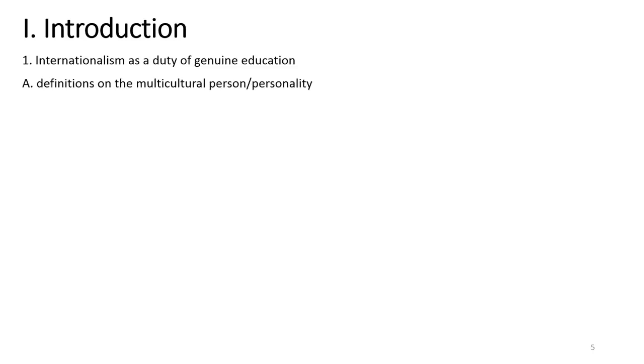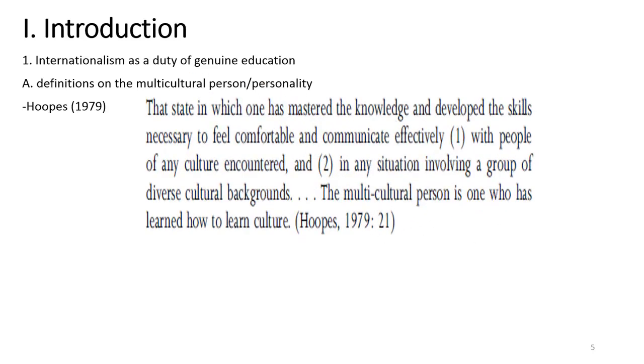The author goes on to share with us some definitions on what it means to be a multicultural person or to have a multicultural personality. And he begins with Hoops in 1979, who says that the state in which one has mastered the knowledge and developed the skills necessary to feel comfortable and communicate effectively with people of any culture encountered and in any situation involving a group of diverse cultural backgrounds.